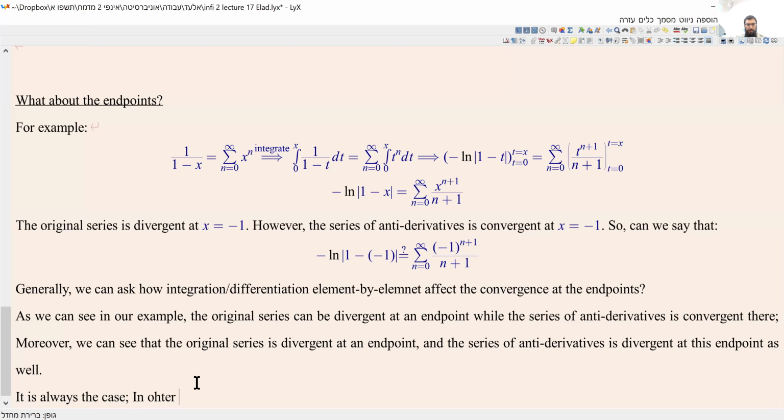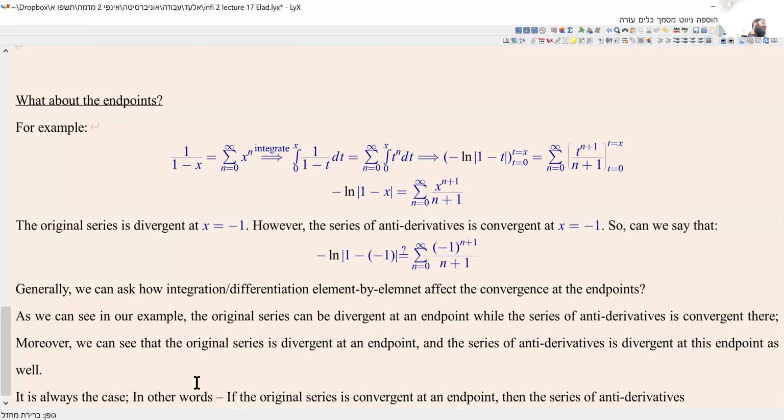In other words, if the original series is convergent at an endpoint, then the series of antiderivatives, the series after we performed integration element by element, is convergent at this endpoint.